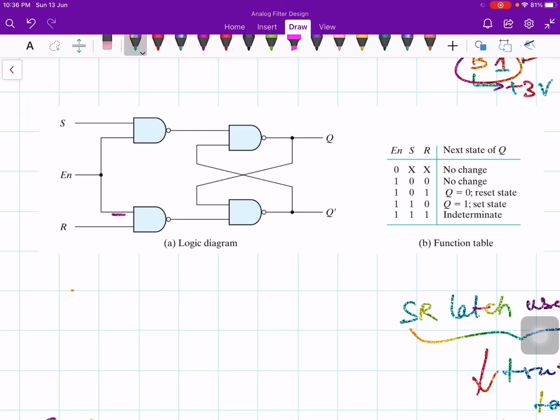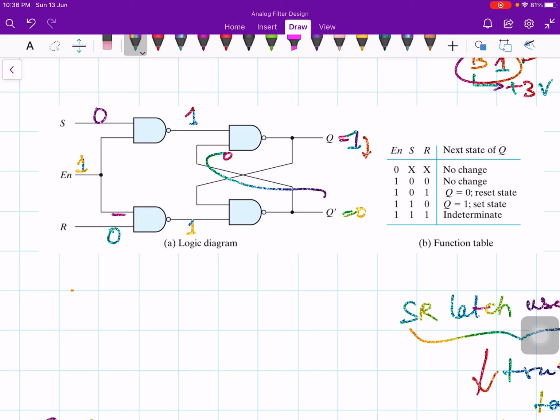See, the enable input is 1, S is 0 and R is 0. So this point is 1 and this point is 1. Now let's say Q is the previous state. This is 1 and this is 0. If this 0 is fed back here, with 1 and 0, because any one input is 0, the output is 1.